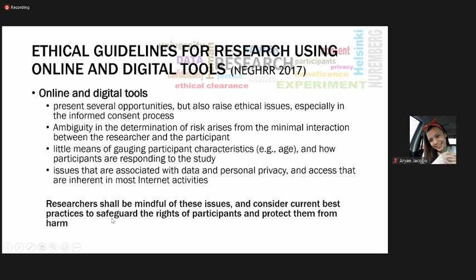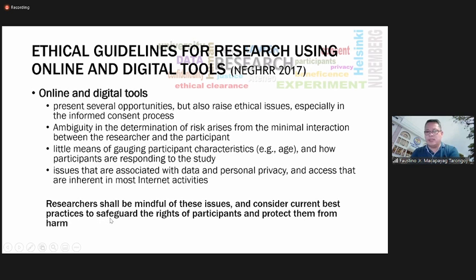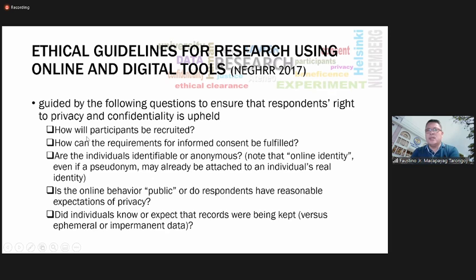So you have to be very much more mindful of these issues, and make sure that you have procedures to safeguard the rights of the participants and protect them from harm. These are the questions that you need to consider in your proposal when you ask for their participation: the manner of your recruitment.